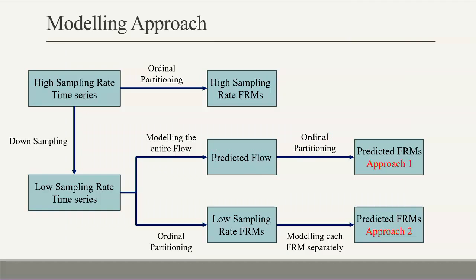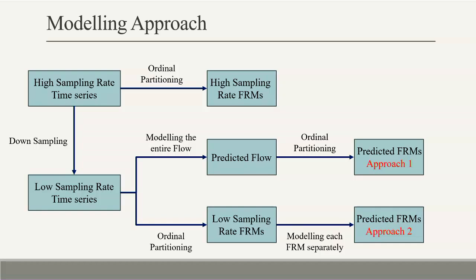So here is what I'm going to do. I have high sampling data, I put the ordinal partitioning on it, and I get the high sampling first return maps out of it, or I can get the data, downsample it, and then I have two ways to look at it.